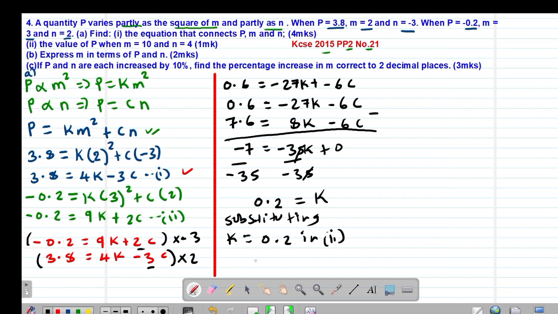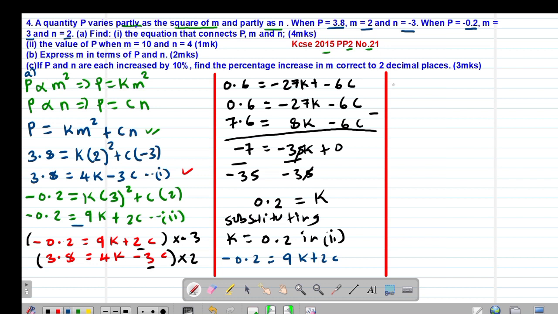So remember my second equation was negative 0.2 is equals to 9K, then of course plus 2C. So I'm going to substitute in that equation, and this is what I'll get if I substitute.